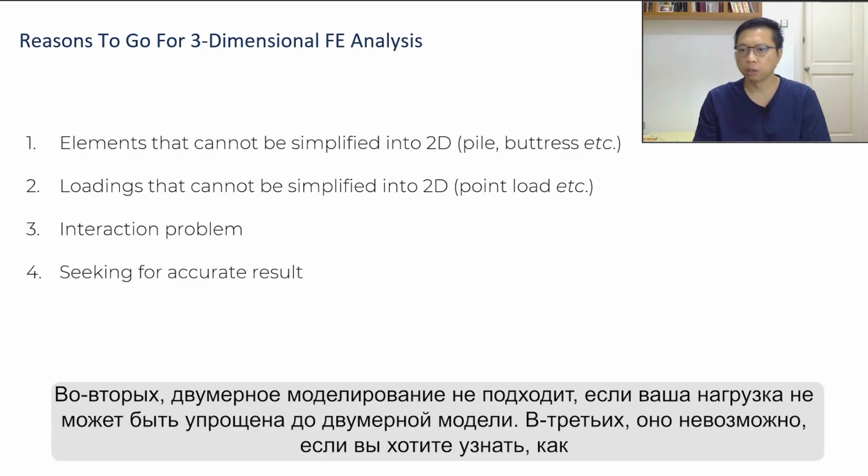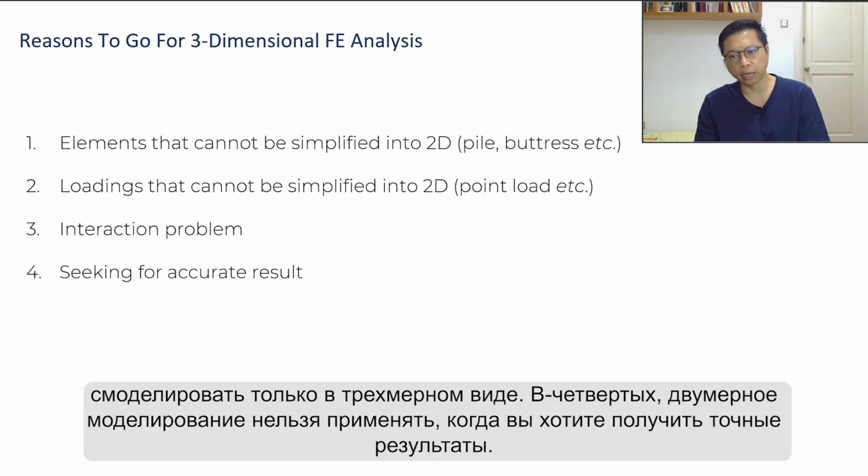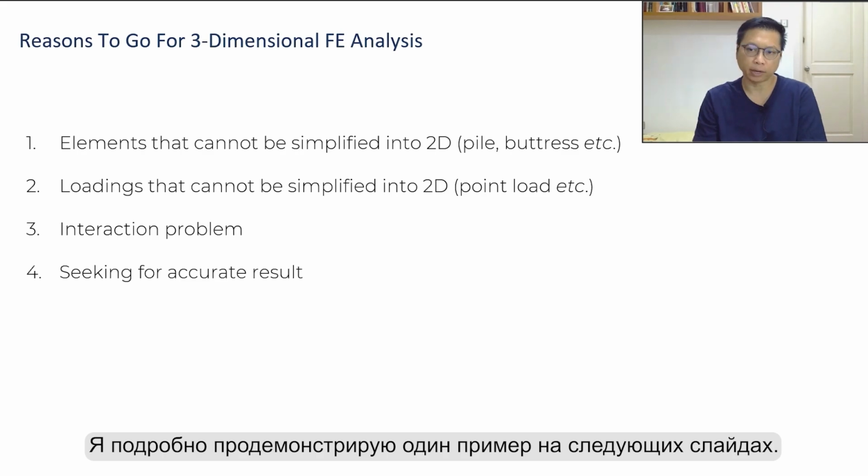Number 2, when your loading cannot be simplified into a two-dimensional model. Number 3, when you want to know the interaction between one structure and another structure, and one of the structures can only be modeled in a three-dimensional model. Number 4, when you are seeking an accurate answer. I will demonstrate one example in detail in the following slides.